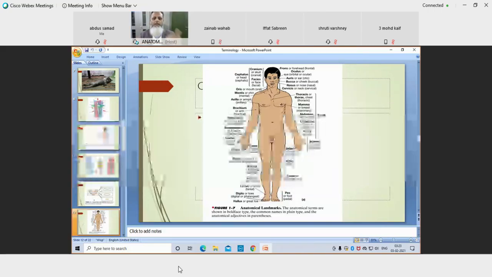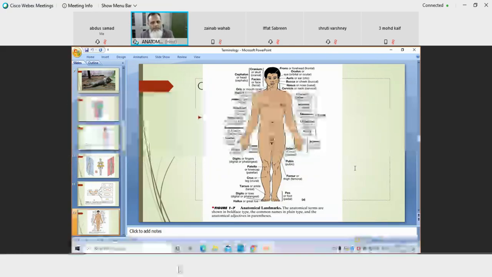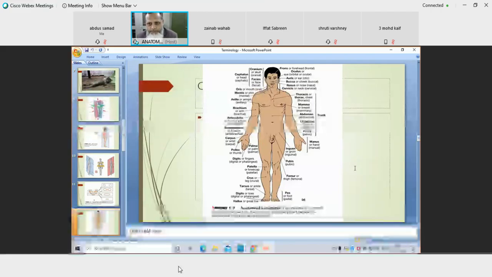The name itself indicates that superficial will be on the surface, or towards the surface, and deep will be towards the bottom. So in anatomical position, any structure towards the surface will be superficial, and towards the deeper part, deeper than this surface, will be known as deep.